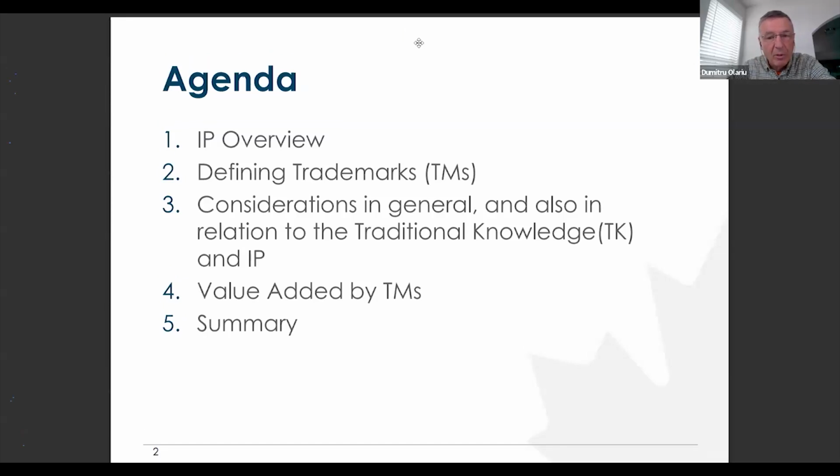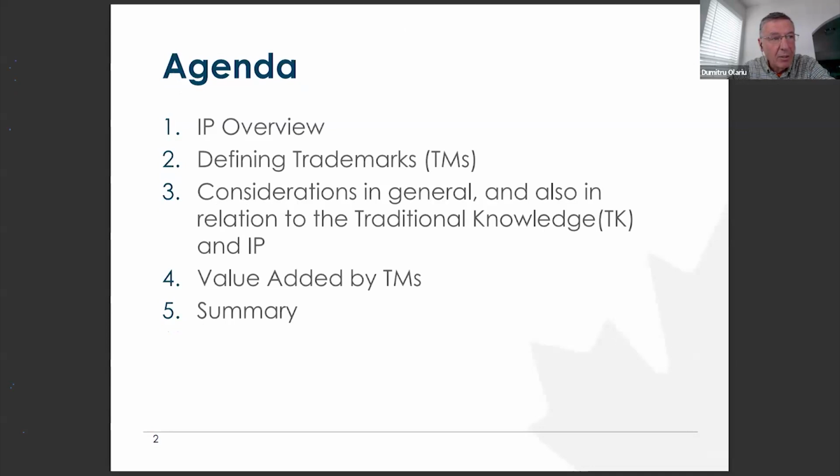We'll also talk about the value added by the trademarks to the brands, and we'll end with a summary and with a link to our organization, where you can find more information about intellectual property aspect, and in more detail you find different web-based tools, manuals, videos, tutorials, a plethora of information regarding intellectual property that might enable you to learn more and use effectively the intellectual property system. Next slide, please.